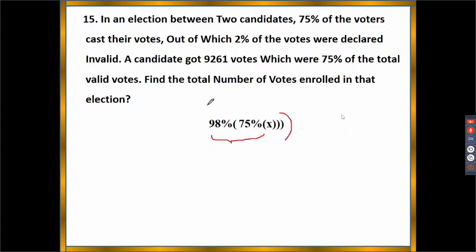Out of this valid, one candidate got 9,261 votes, which are 75% of the total valid votes. Valid means 98% of 75% of X. Understood, all of you?